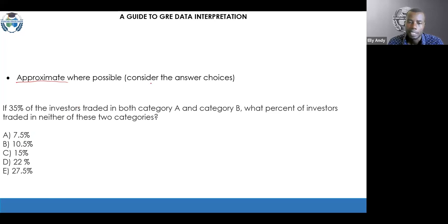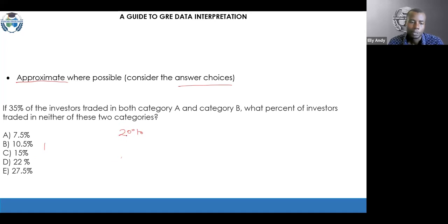And that brings us to another point: look at the answer choices first before you decide whether to approximate your calculations or deal with the actual numbers. Like for this example, say your analysis had led you to conclude that the answer is something above 20%, or at least 20%.